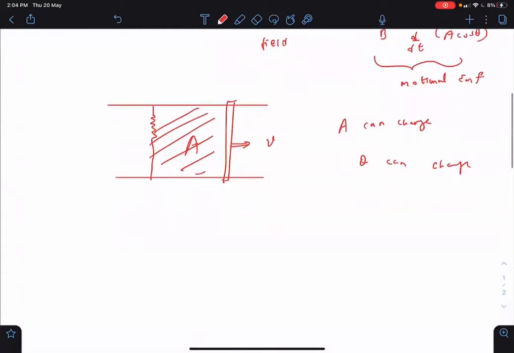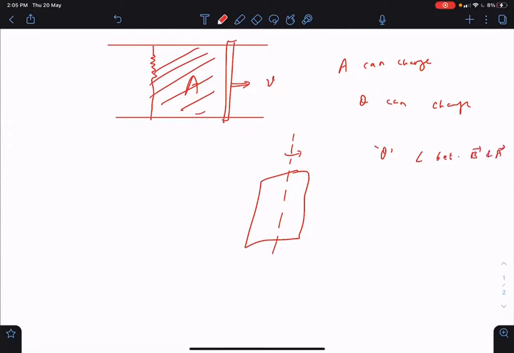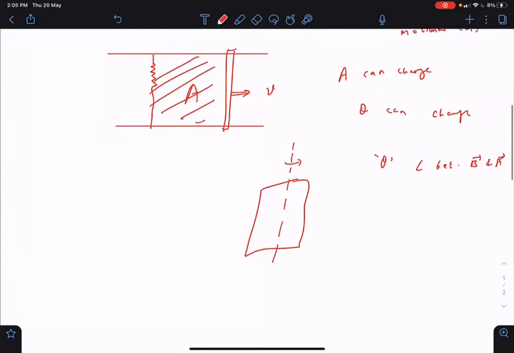The second case is when theta changes, when there is a loop given to you and it is rotating about an axis, because of which theta, the angle between the B vector and the A vector, is changed. In both cases, the B vector will be given constant. In a typical railroad system, the B vector is given perpendicular to the plane of the motion, to the plane of the area.